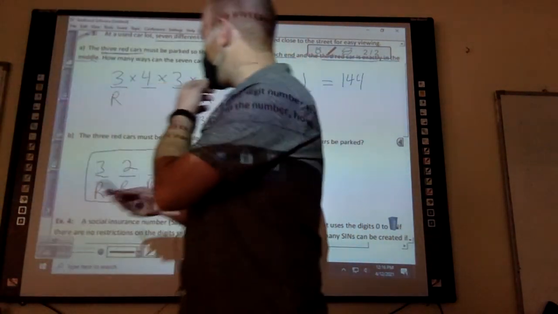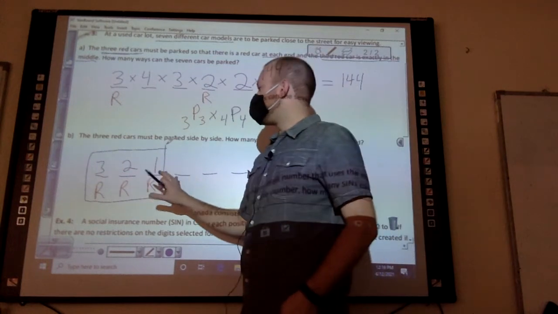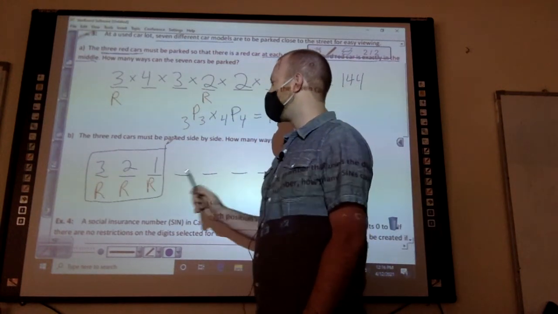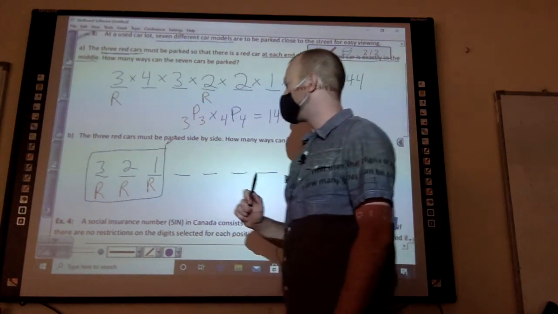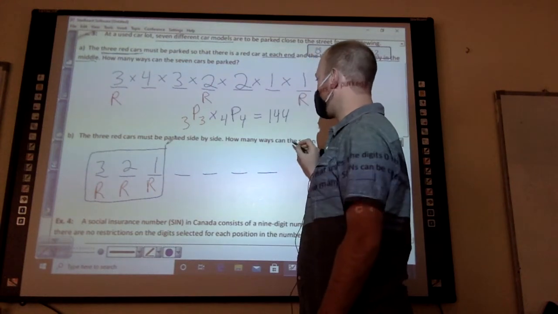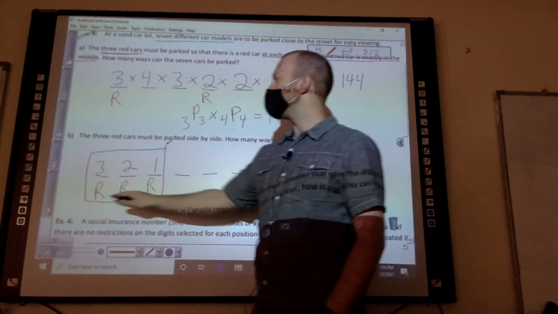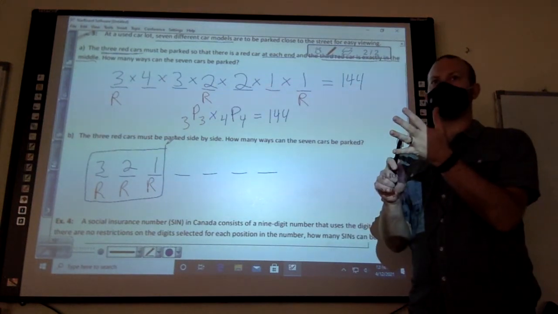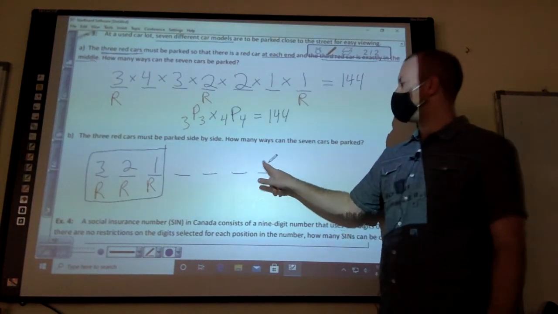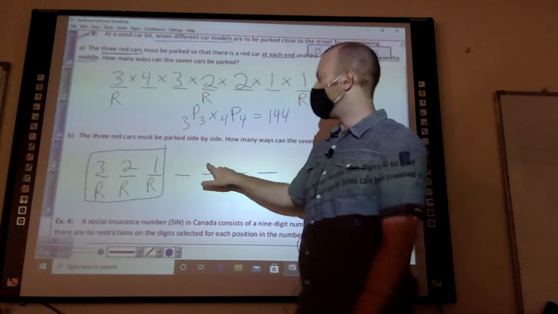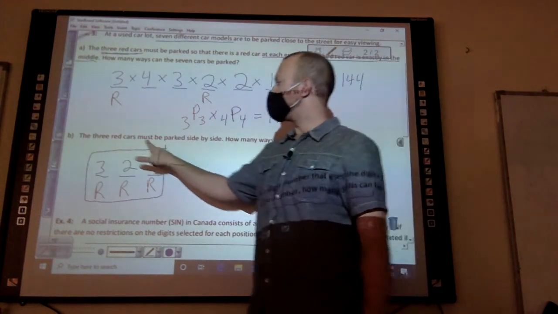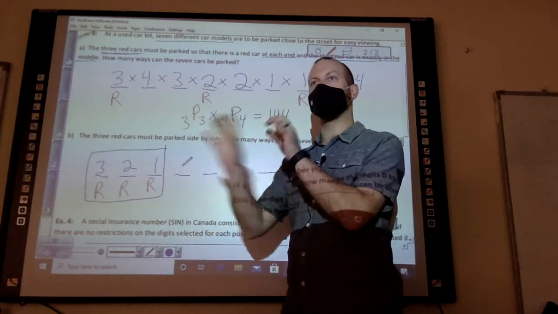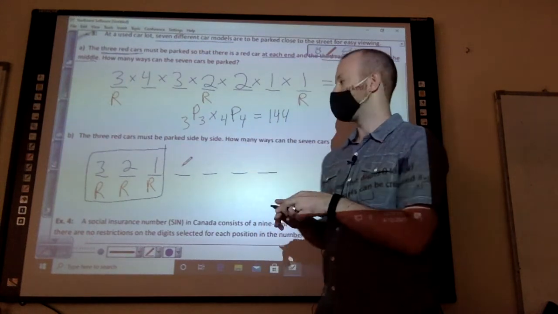Because as you can see here, right now I've got a certain number of ways I can do this. But if I'm looking at this whole outer side, I'm arranging not just 4 items, I'm arranging 5. I've got 1 car here, 1 car here, 1 car here, 1 car here, and I'm going to treat this as another car that I can shuffle with all the other cars.